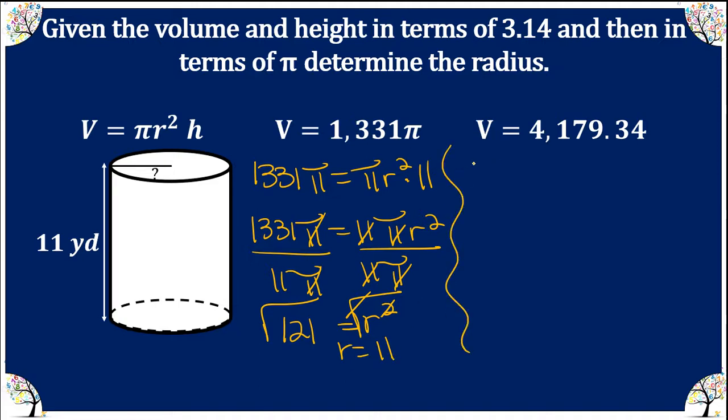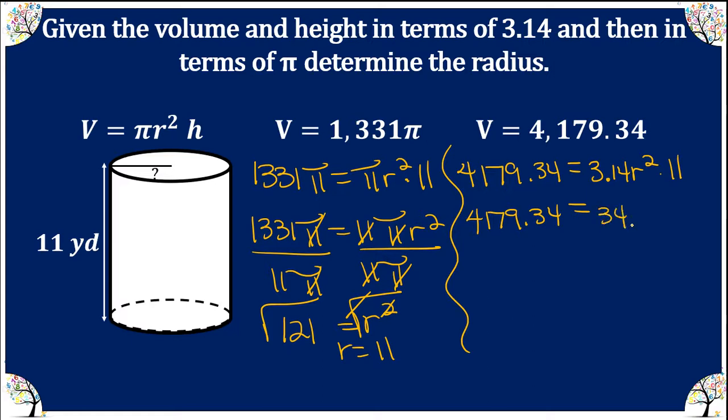Now let's do it in terms of 3.14. Our volume is 4,179.34, which is equal to 3.14 times our radius squared times 11. We're going to multiply 3.14 times 11. This gives us 34.54 times r squared.